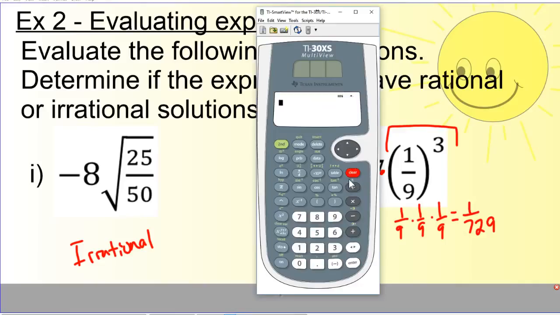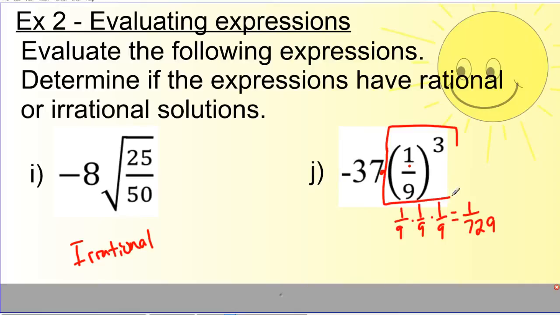And to prove it to you, what is 1 divided by 729? Well, it's the exact same thing we had when we typed it in using the exponent. Okay? So this piece right here is rational. It's 1 over 729.